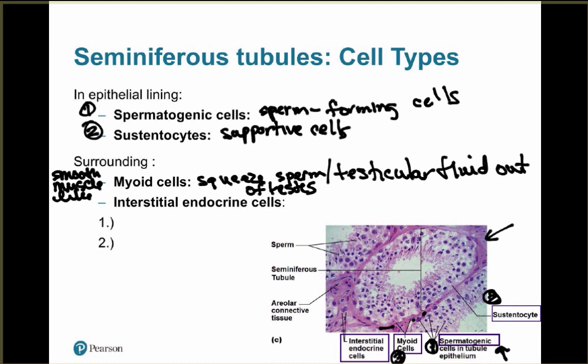Now the last one is here. These interstitial endocrine cells, which are also known as Leydig cells, are located in the soft tissue surrounding. And they're important because they help produce androgens, such as testosterone.